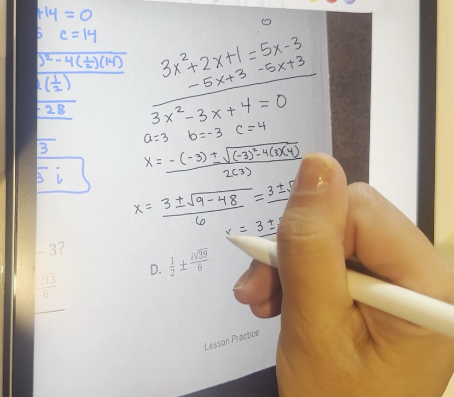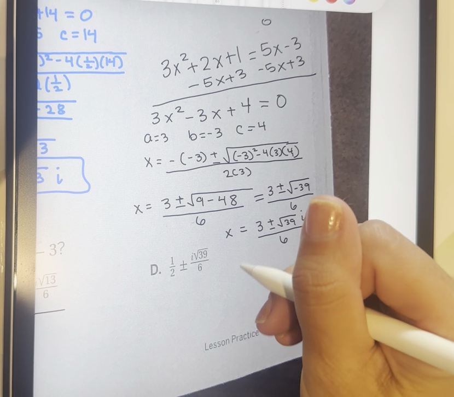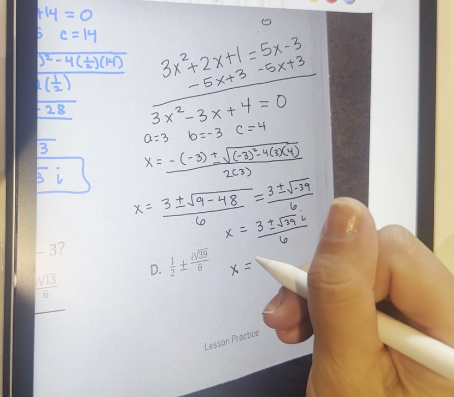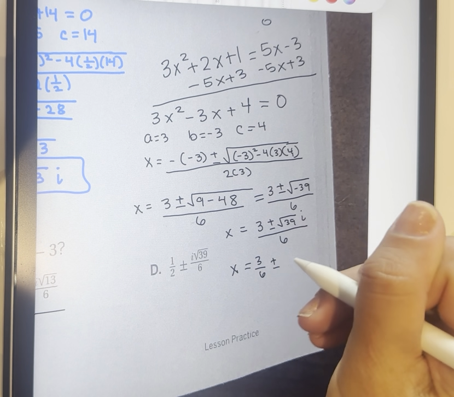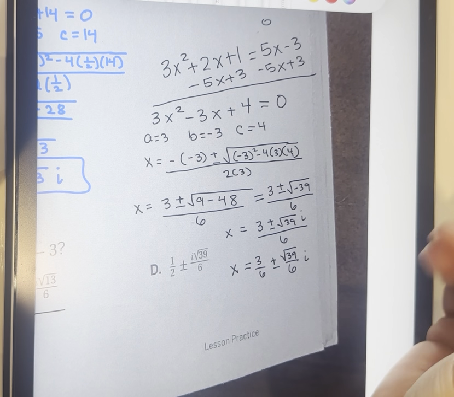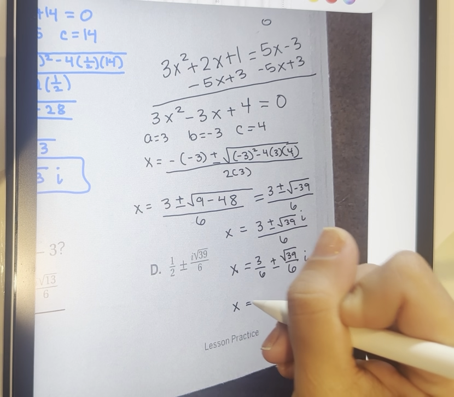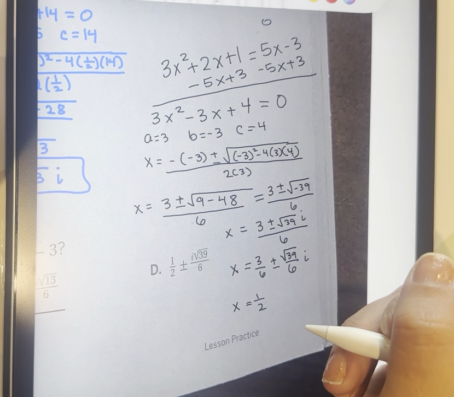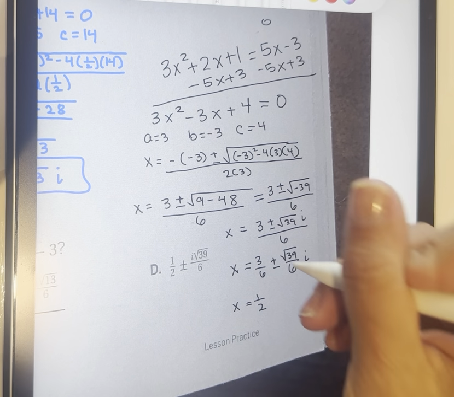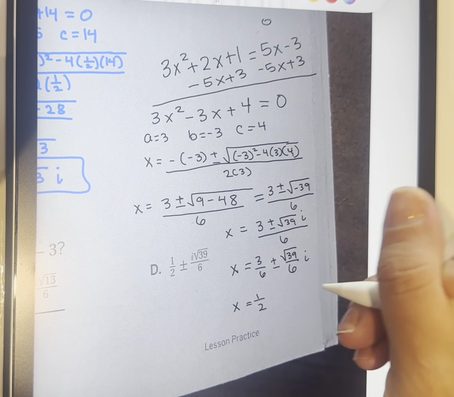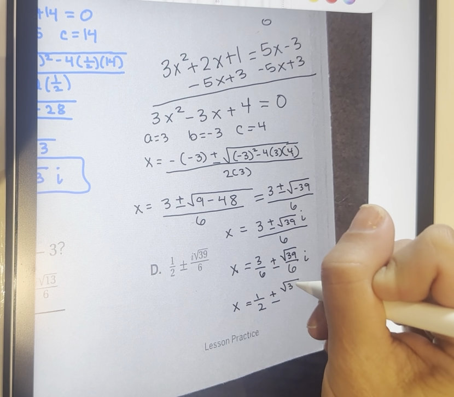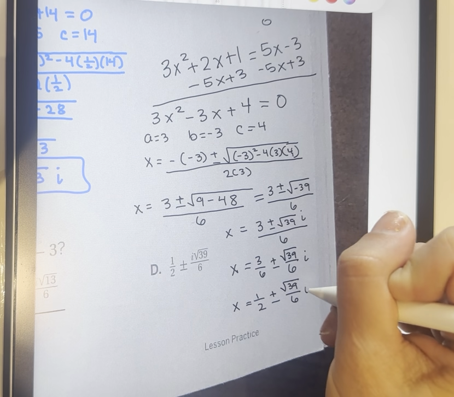And we're not allowed to have i be part of any of these real number parts. So we've got to make it 3 divided by 6 plus or minus root 39 over 6i. And then x equals 1/2. Hold on, I'm going to pause this. Okay, resuming. 3 divided by 6 is 1/2 plus or minus root 39 divided by 6i.